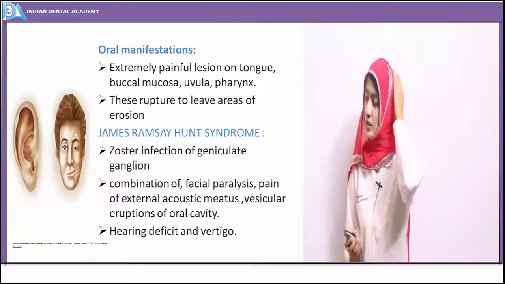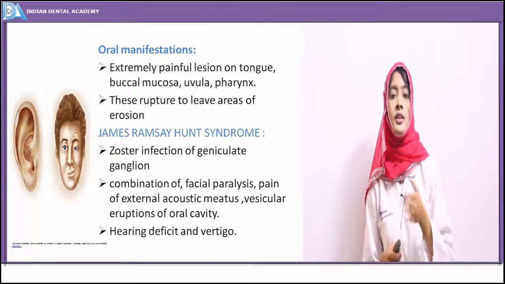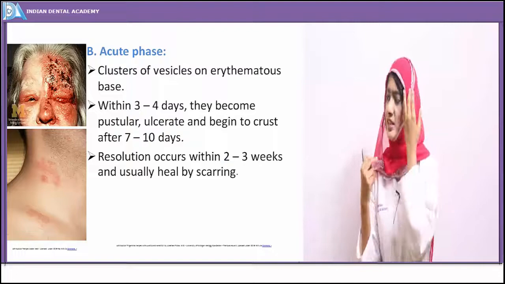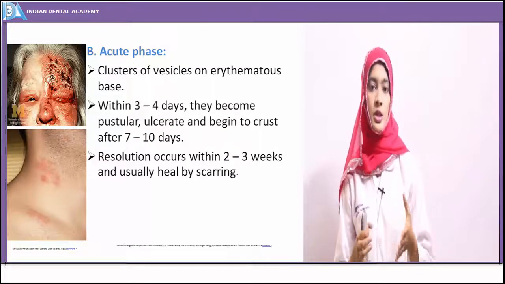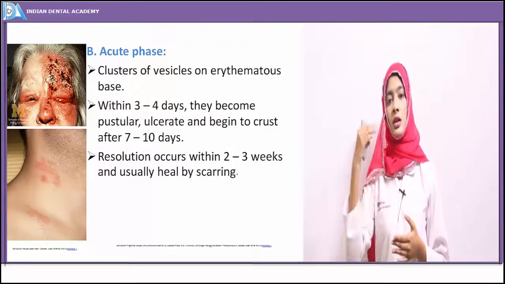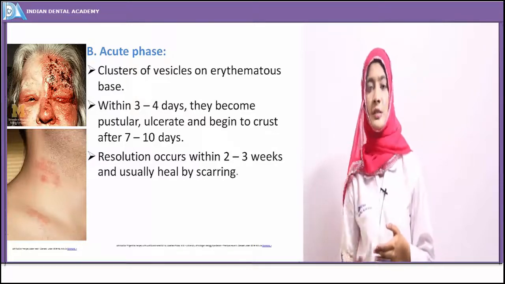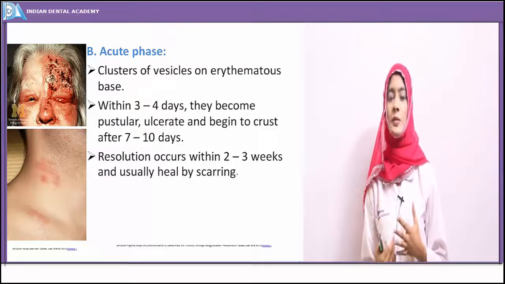And if herpes zoster involves the trigeminal root ganglion, then you can see the characteristic vesicles in the area of distribution of the trigeminal nerve, that is the ophthalmic, maxillary and mandibular nerves.